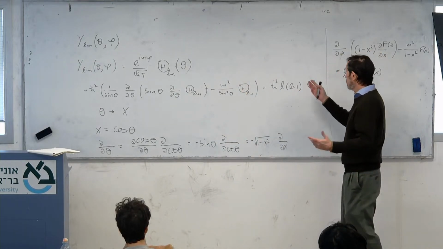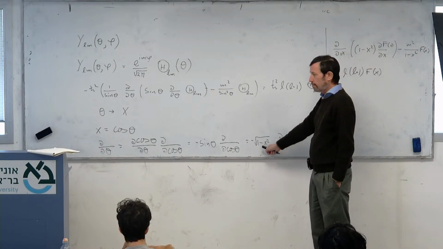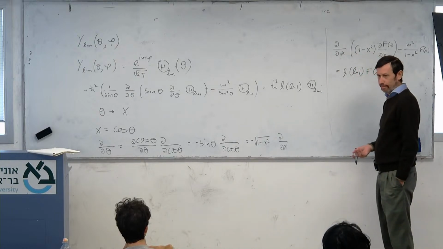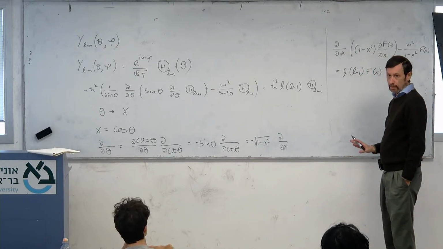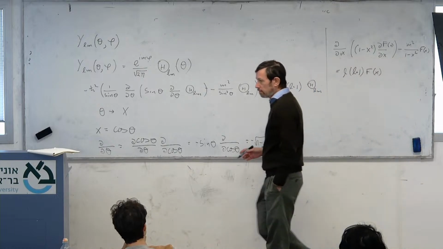And instead of sine multiplying it by this, you get 1 minus x squared. So far, so good.